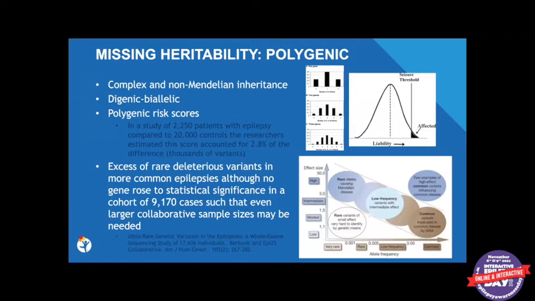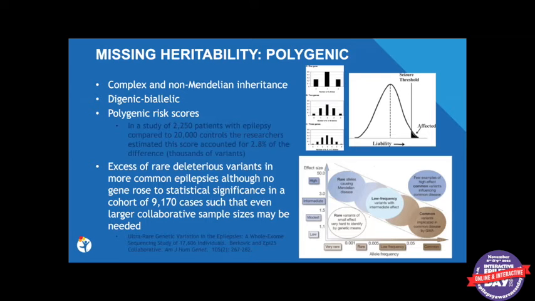The next potential explaining factor for this missing heritability is that perhaps epilepsy is polygenic, meaning that it may not be a single gene that causes epilepsy in a particular patient, but a combination of genes. And you'll see up there in the right-hand corner a pictorial representation of that. If we add a number of genes together and their potential effects or their potential spellings, over time that begins to form a normal curve.